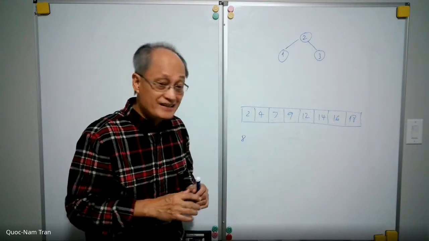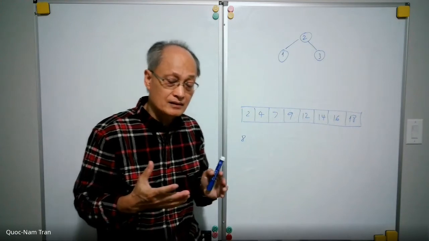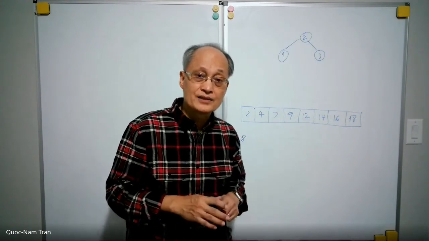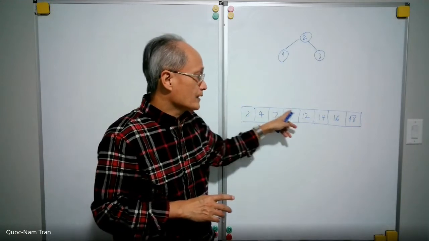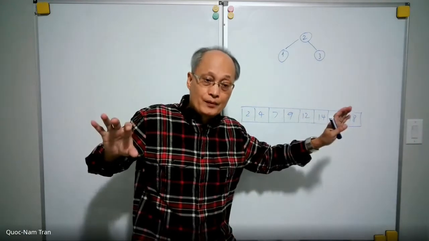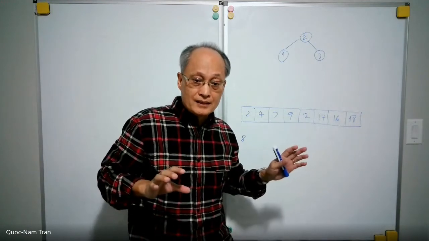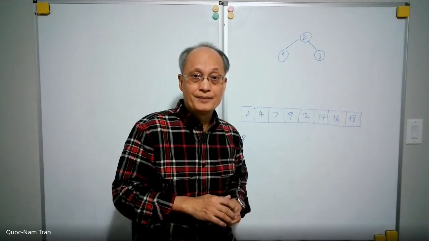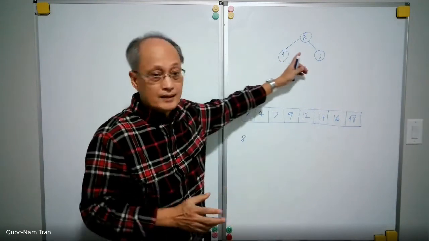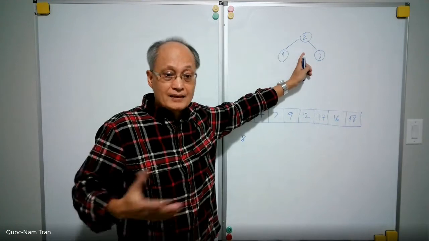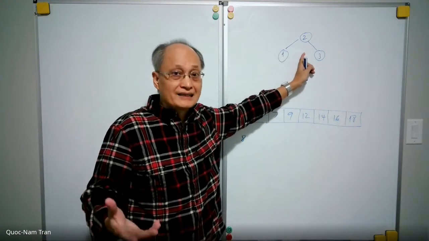But the array has a few disadvantages, and one of them is that we need to allocate consecutive memory for the array. If the array is big, it becomes a problem. That's why you learn about linked lists, or in this case, the tree. Basically it's a linked list.